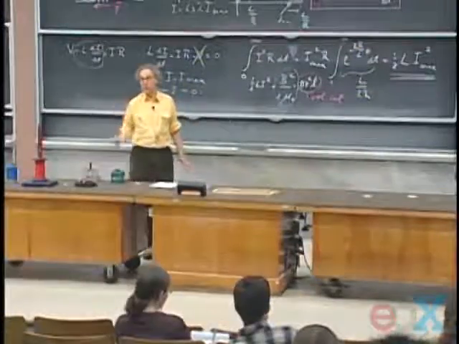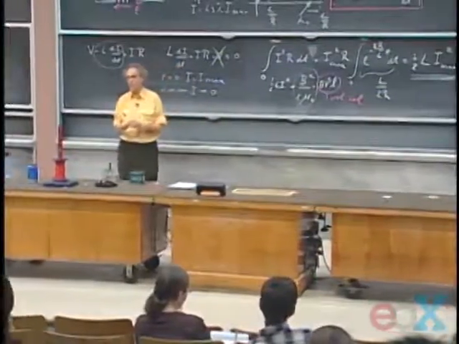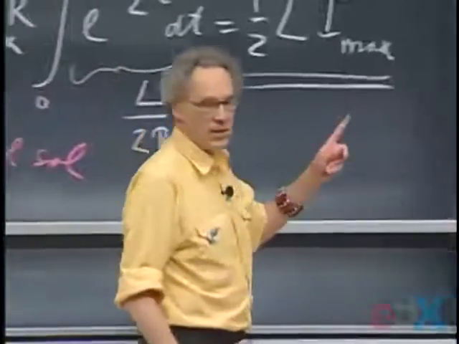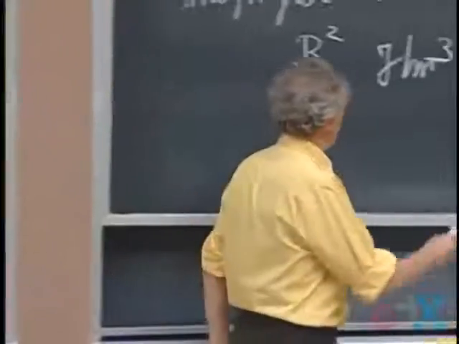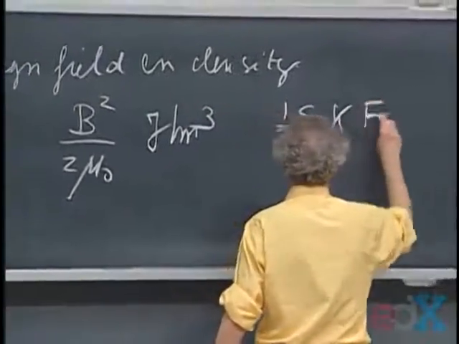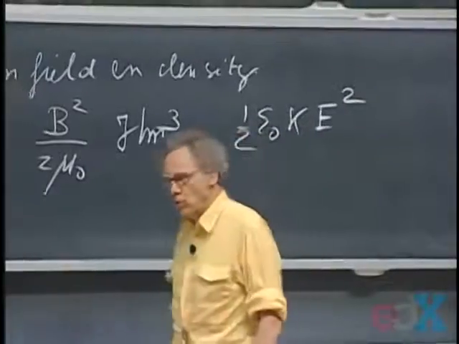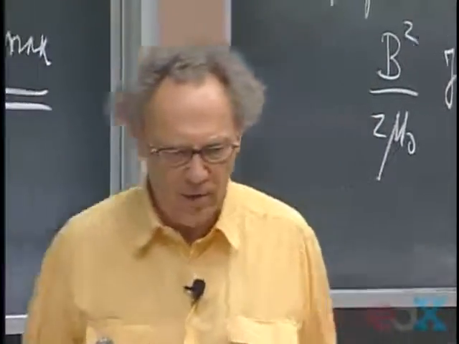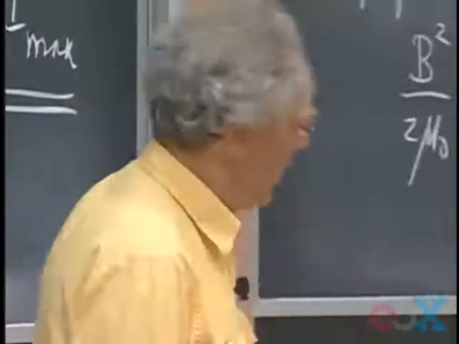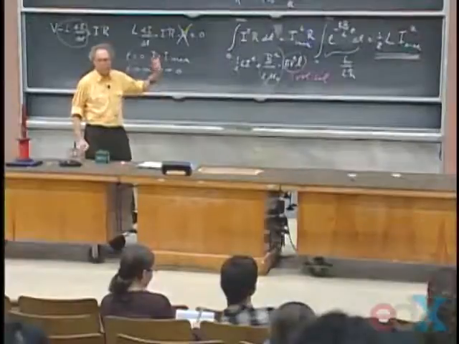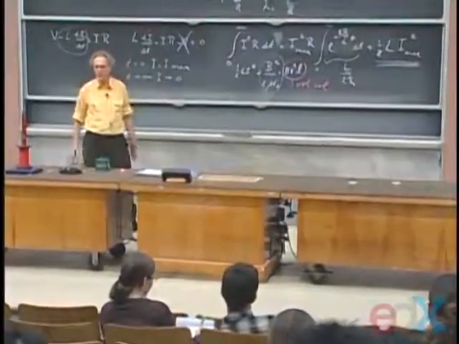And earlier in this course, we did something similar for electric fields. We calculated the electric field energy density. Perhaps you remember what it was. It was 1/2 epsilon 0 kappa times E squared. That was also in joules per cubic meter. Now, in the case of an electric field, this represents the work that I had to do to arrange the charges in a certain configuration.